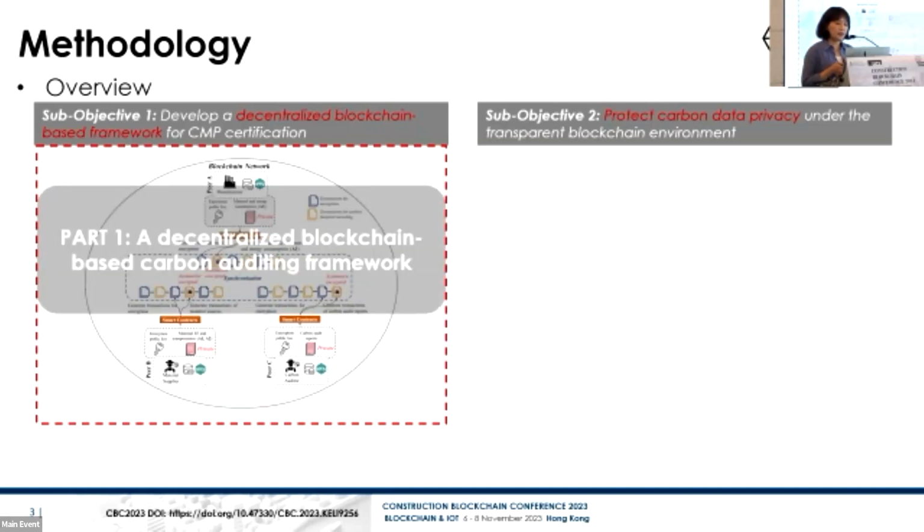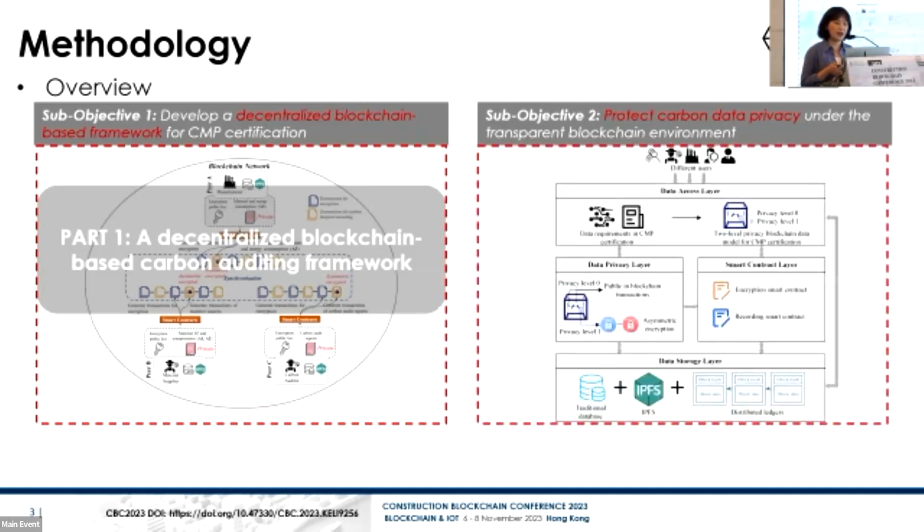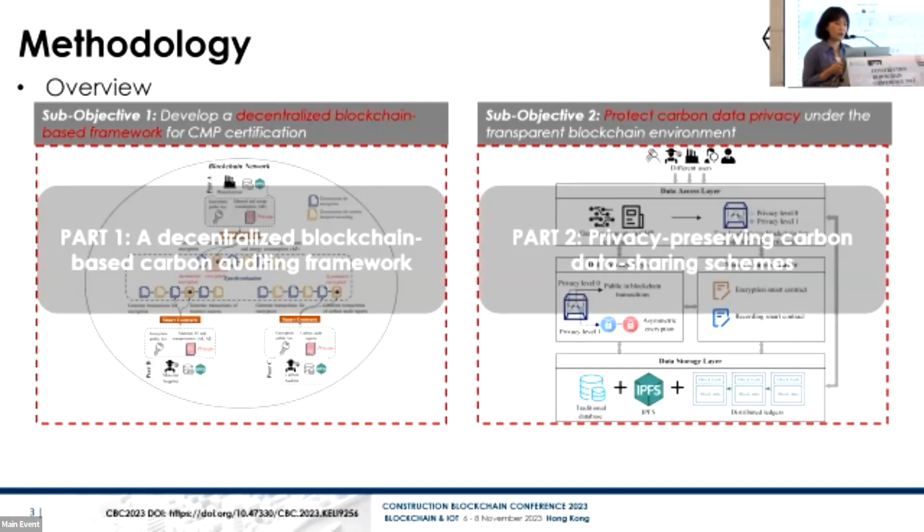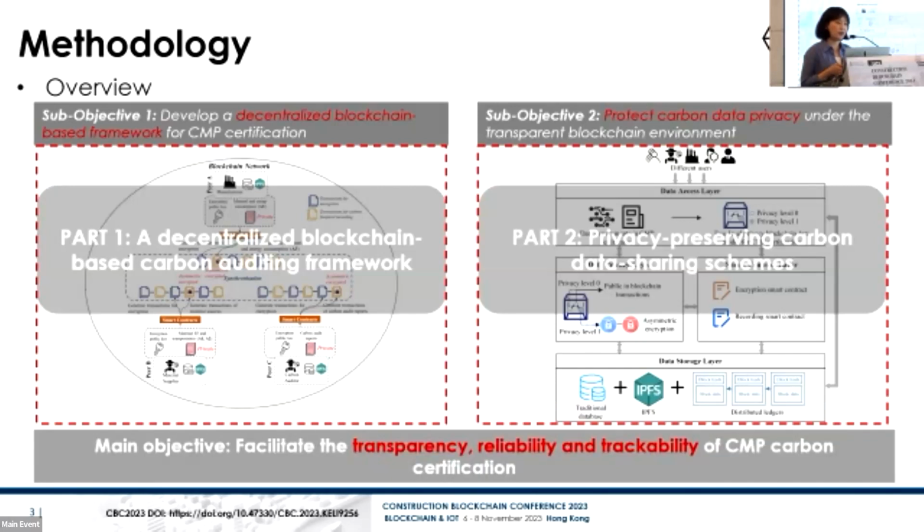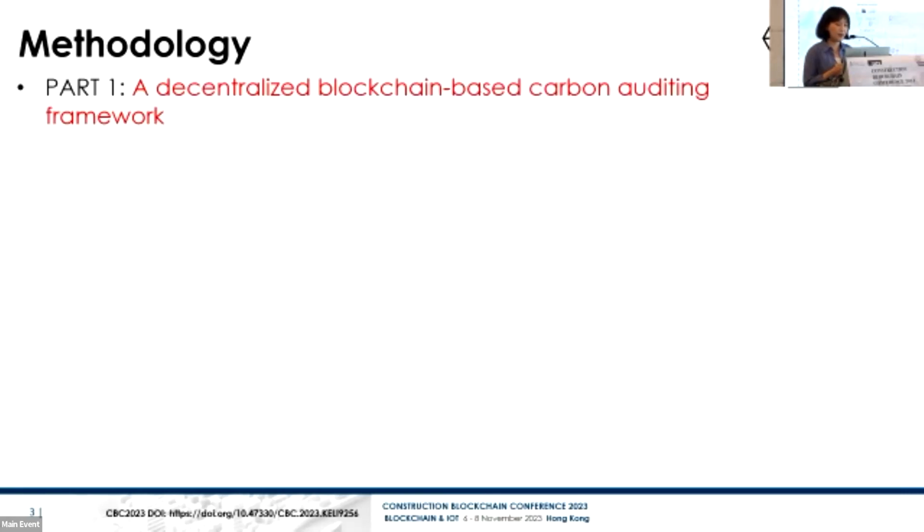And to realize the next sub-objective, to protect carbon data privacy under the transparent blockchain environment, we propose our privacy-preserving carbon data sharing schemes. And finally, we want to realize the main objective of this research, which is to facilitate the transparency, reliability, and trackability of construction material and product carbon certification.